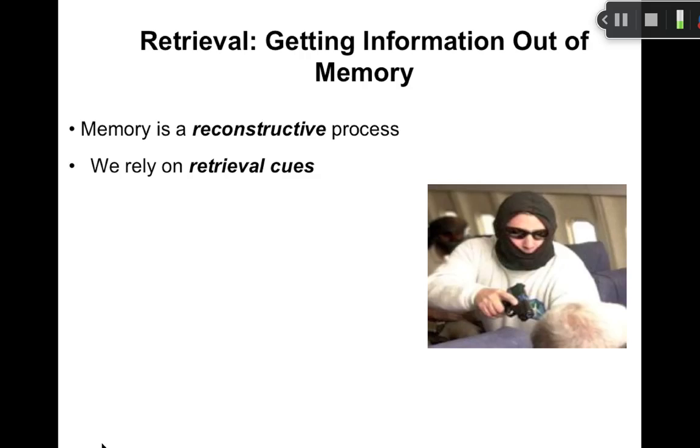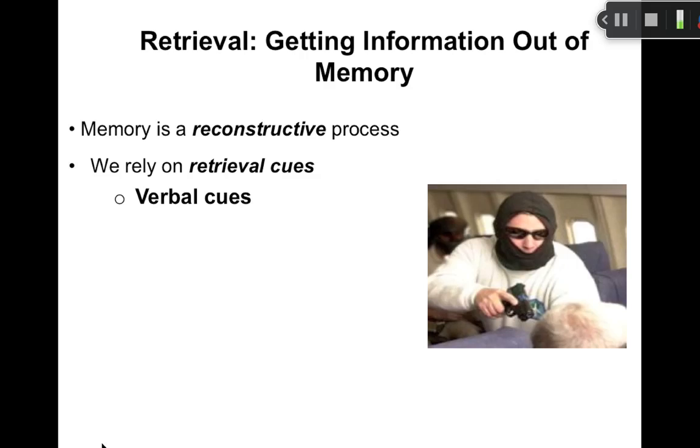One of the things we rely on is retrieval cues. For example, if I ask you what's the state capital of North Carolina, you might not know what that is, but if you do, and you have some difficulty retrieving it, it's in there, but you can't quite get it out.